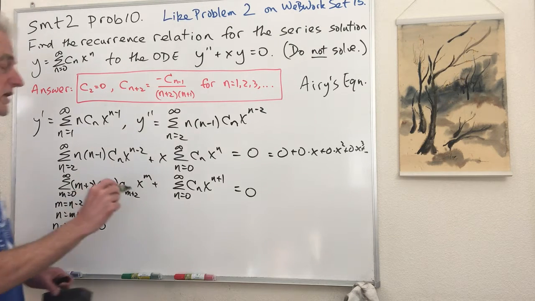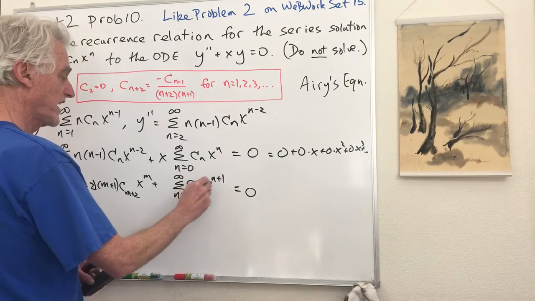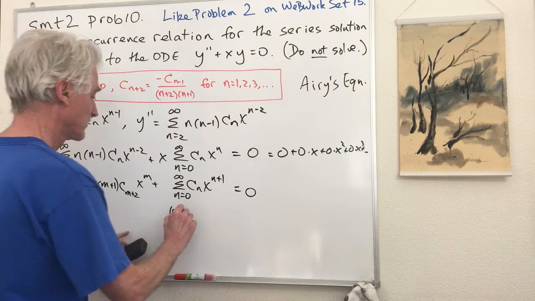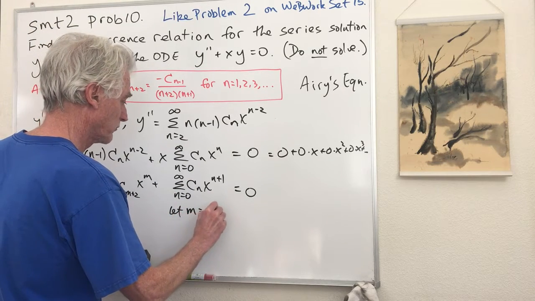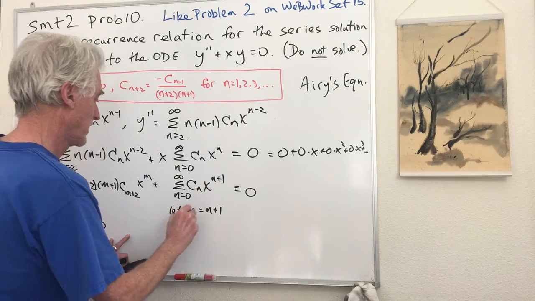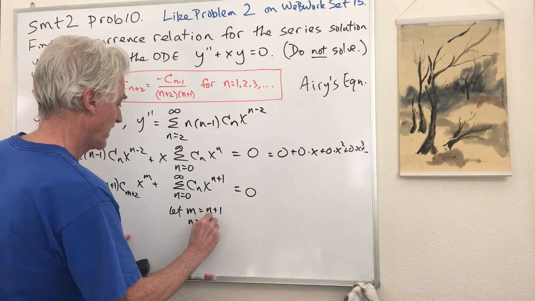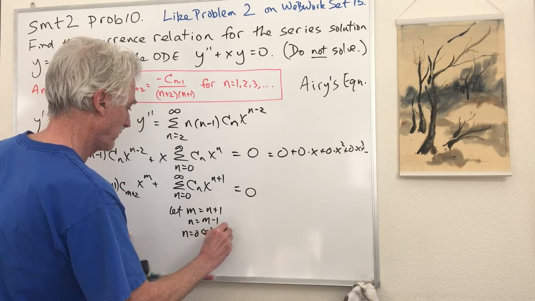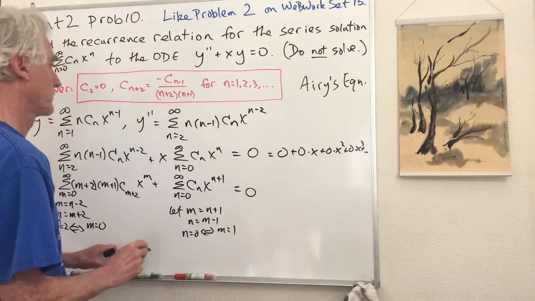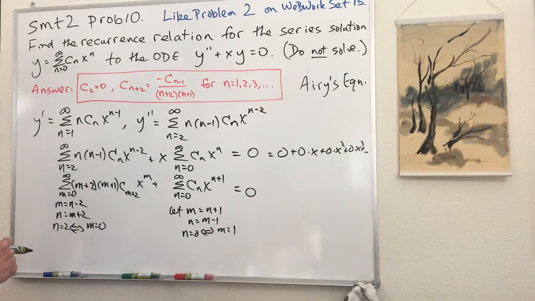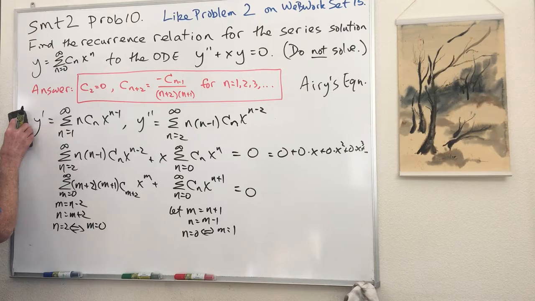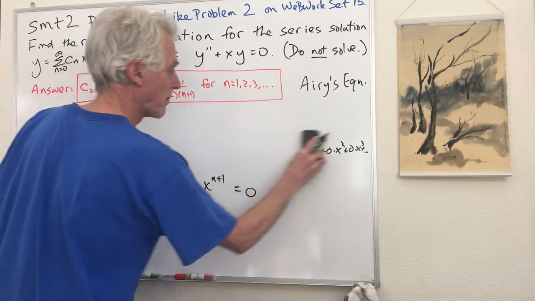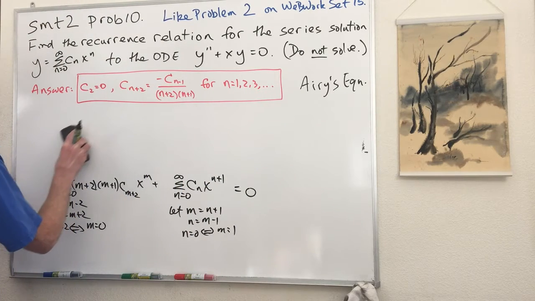Now here, we want to do the same trick. We want this to be just x to a power. So let m in this case be n plus 1, so that's x to the m. Then n is m minus 1, and n equals 0 corresponds to m equals 1. Now I'm going to rewrite the differential equation here.